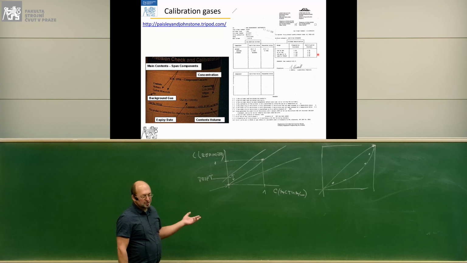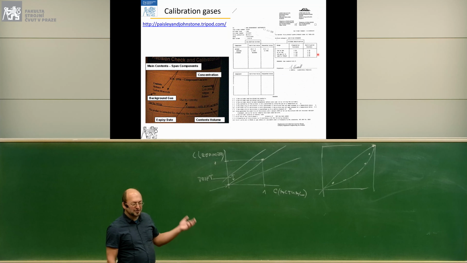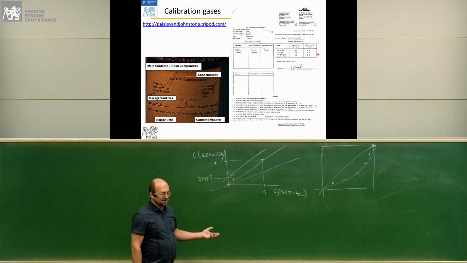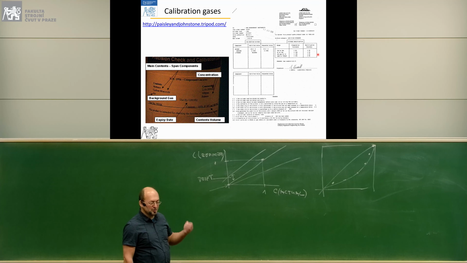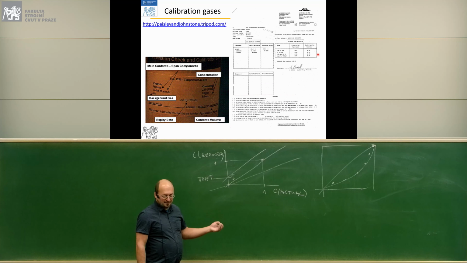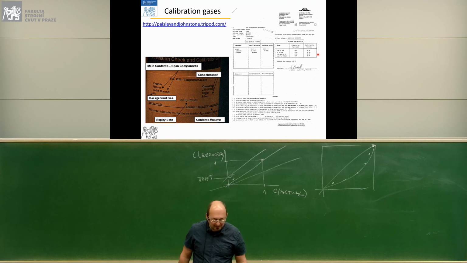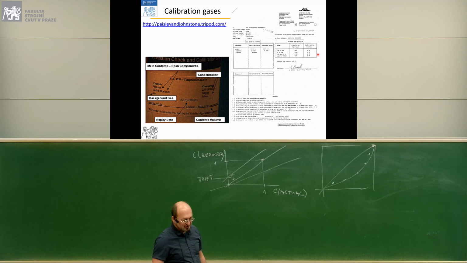So you need to consider how accurate your measurement needs to be. And if it is a very accurate measurement and lots of money depend on it, then you should use high precision instruments, and also calibration gases with high certification accuracy.